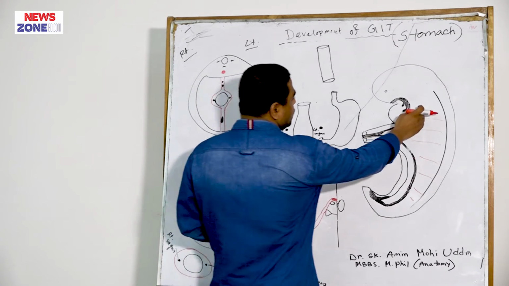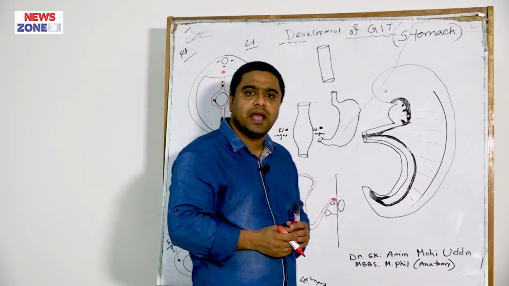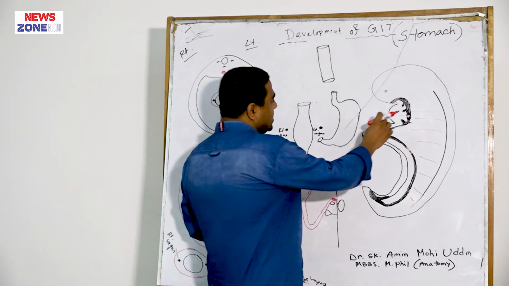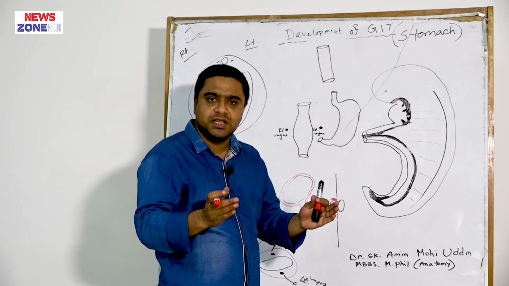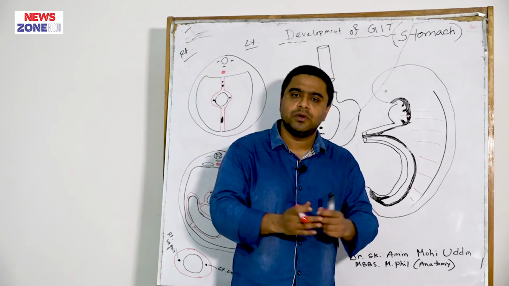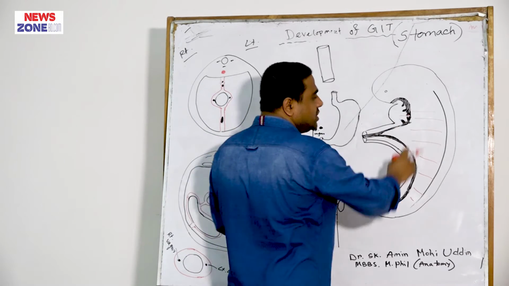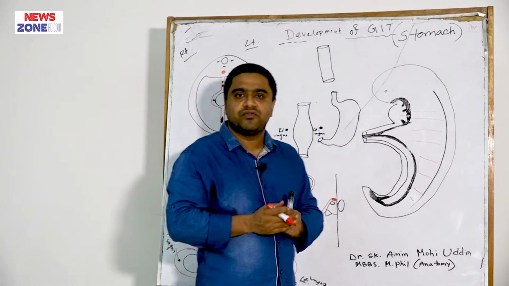When the dorsal mesentery suspends the stomach from the posterior body wall, it is renamed dorsal mesogastrium. When it suspends the duodenum from the posterior body wall, it is renamed dorsal mesoduodenum. When it suspends the jejunum and ileum, that means the intestinal loop, it is renamed mesentery proper.